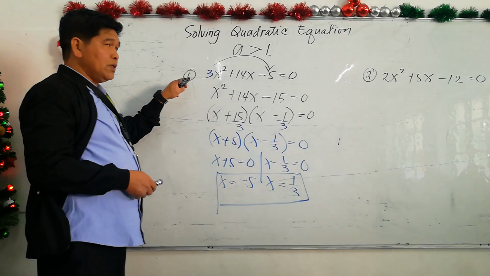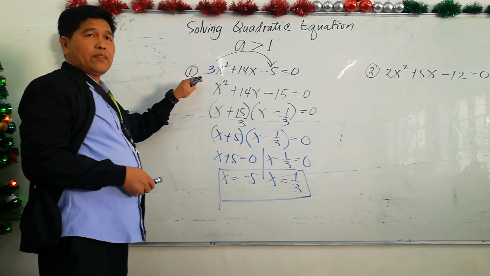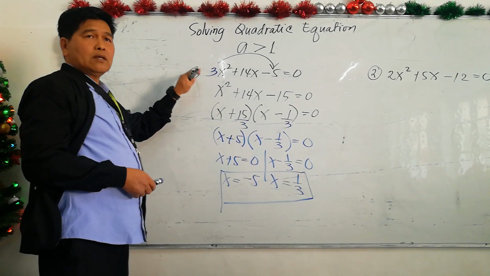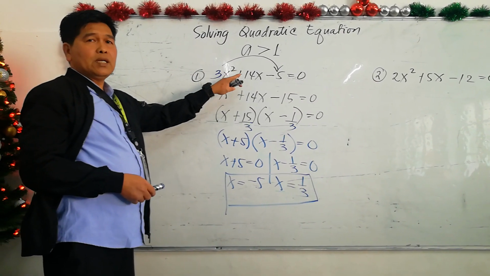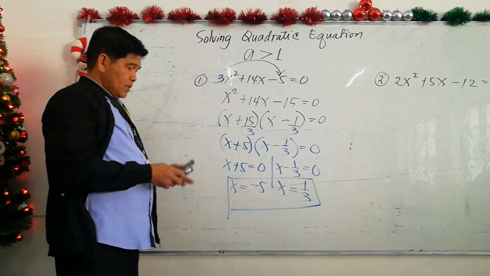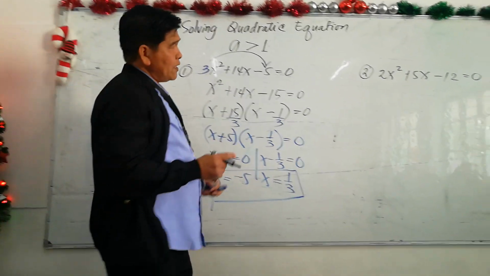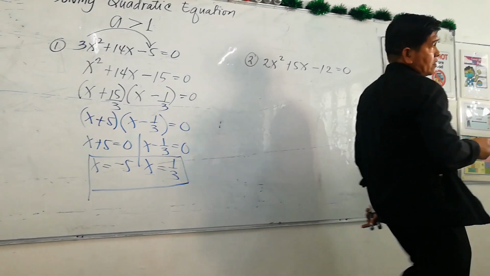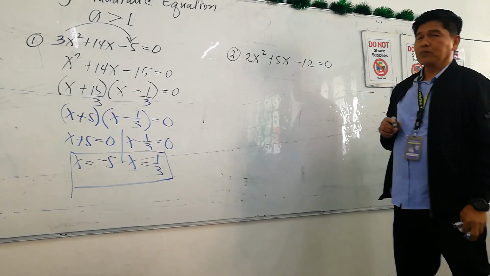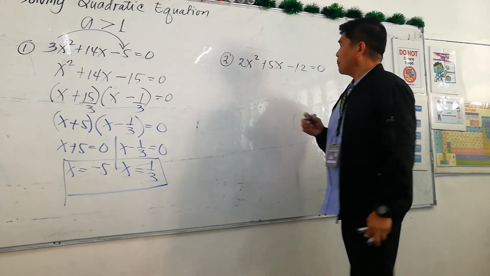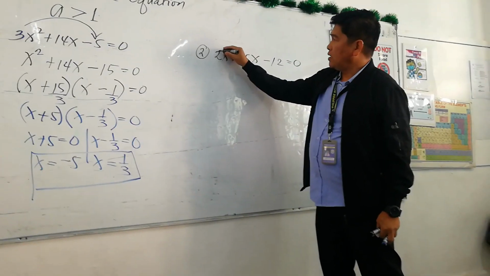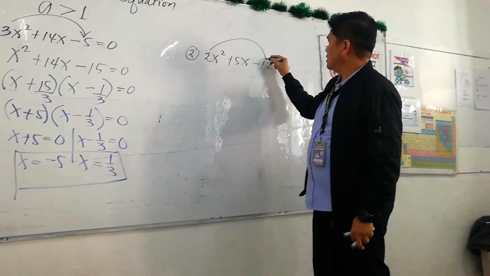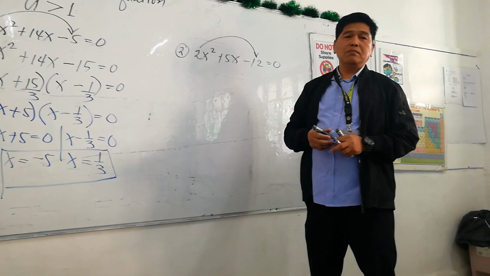So no need for you to use the trial and error method or the quadratic formula once the quadratic trinomial is factorable. Next, if you are going to use that method, what is the first step? Multiply 2 with negative 12.